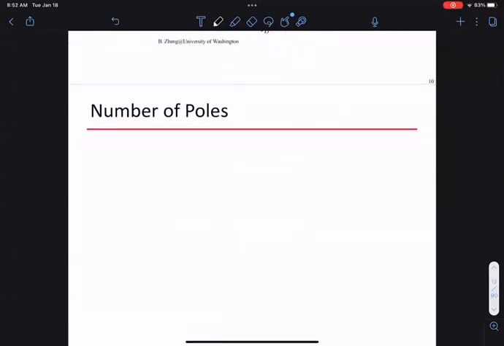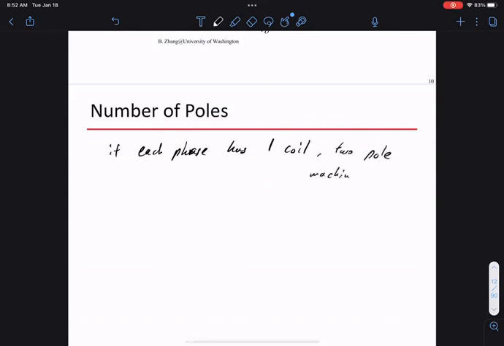Each phase has a single coil. To spell this out a bit more, this is called a 2-pole machine. Then the rotor moves 360 degrees per AC cycle.